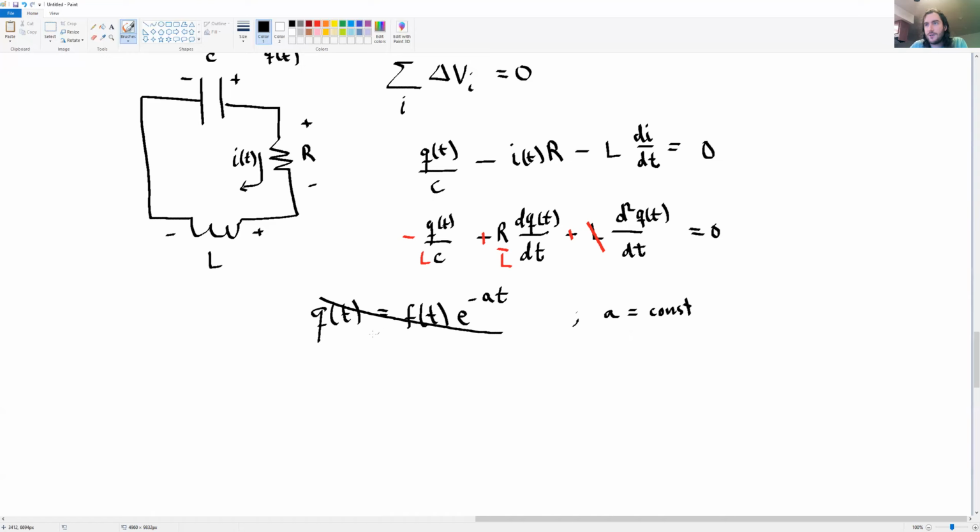So we're not going to do this. We're going to go straight to the solution given in the book. It's some initial value A, e to the minus r over 2l times t. And this r over 2l is not a time constant for this circuit, because we have another function of time multiplying this thing, and it's kind of a nasty one.